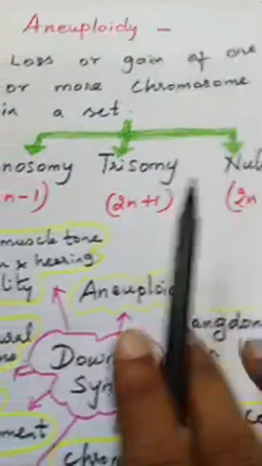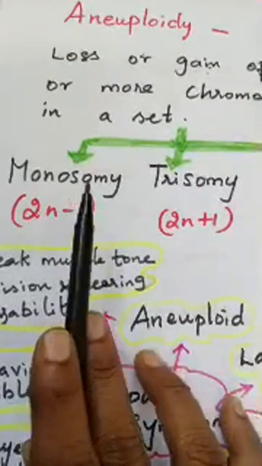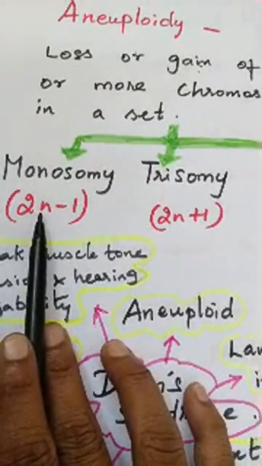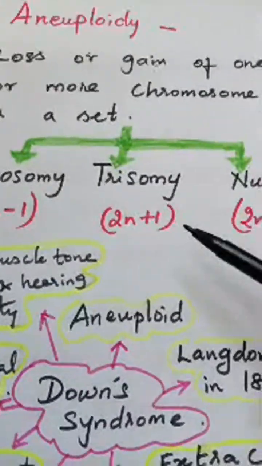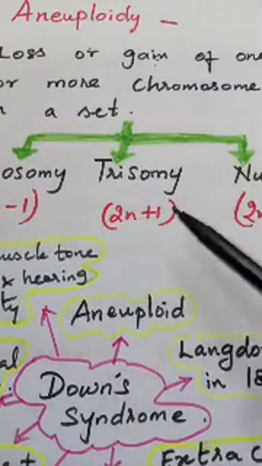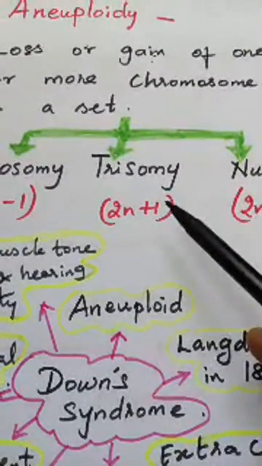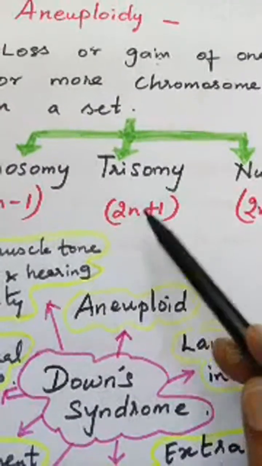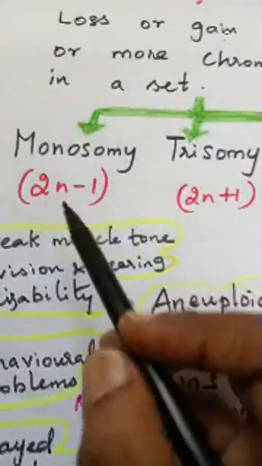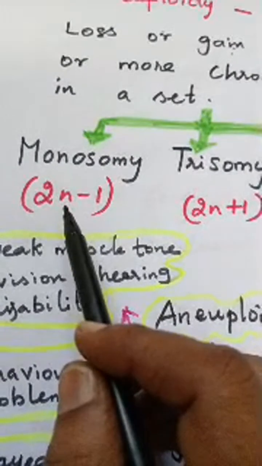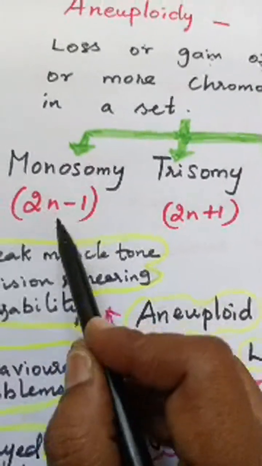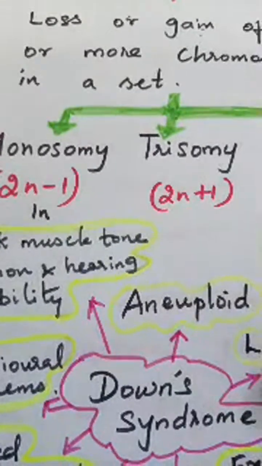So that is monosomy. If you subtract 1 from the diploid set of chromosomes, you will get only one chromosome. If you add 1, it is trisomy, that is, 2n will become 3n. Understood? Look here. If I subtract 1 from this, you will get 2n minus 1, that is 1n.